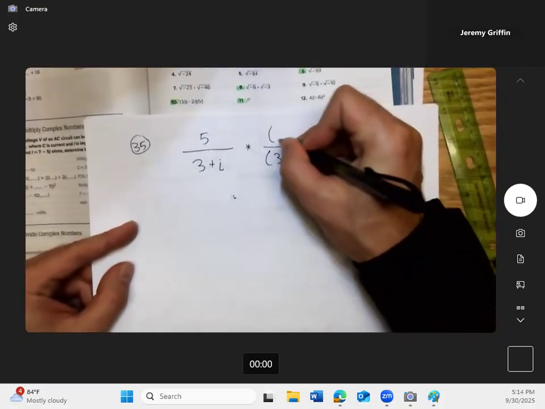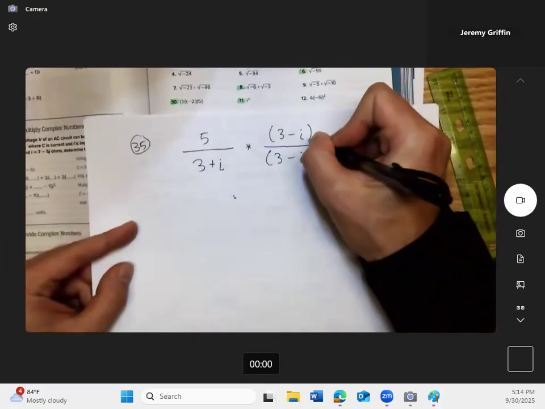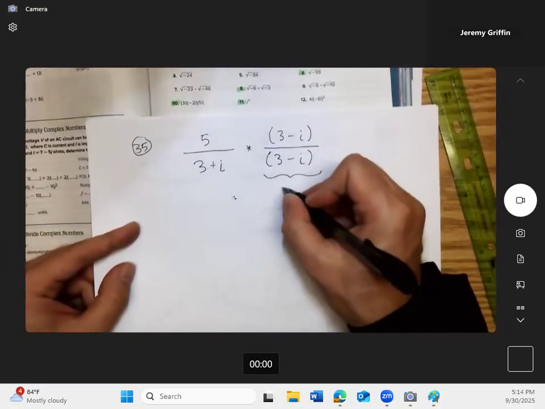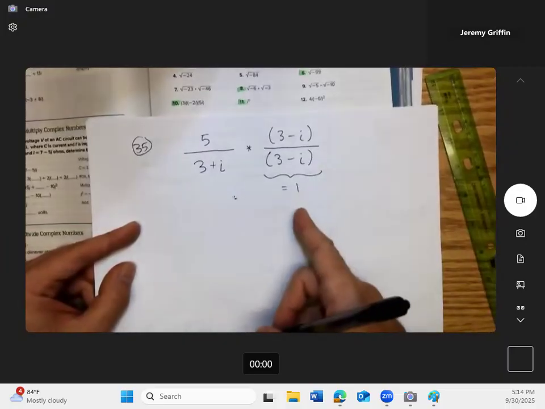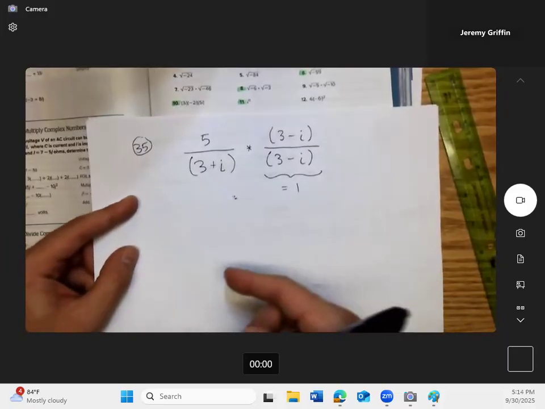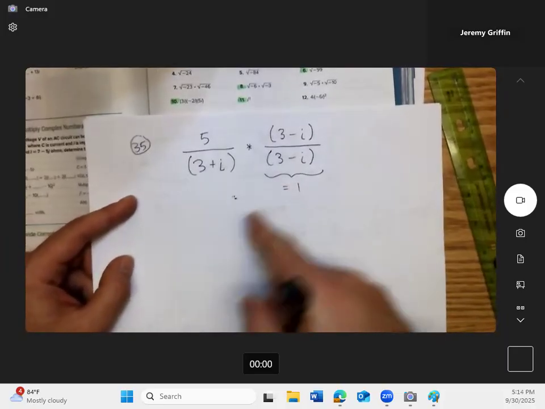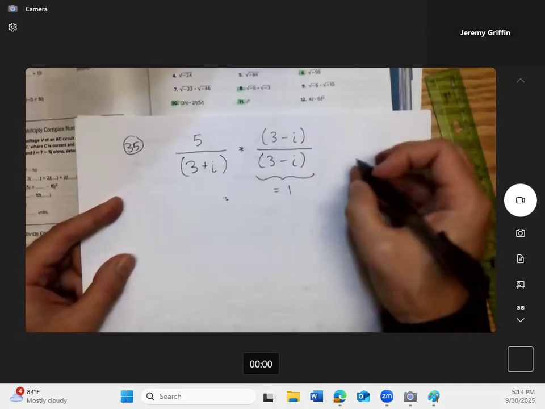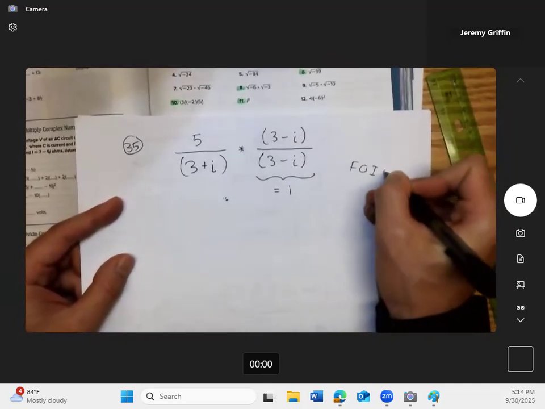But remember, I have to multiply top and bottom by that same complex conjugate. Because remember the theory of how this works. This whole fraction is equal to 1, so I'm technically multiplying by 1. So I'm not really changing the original statement. What I am doing is I'm manipulating it so that I can get all the imaginaries only in the numerator.